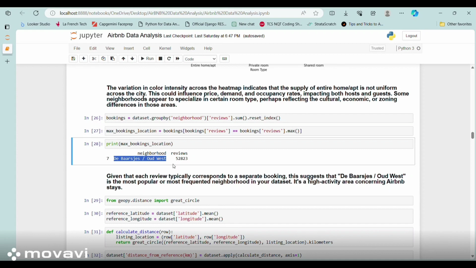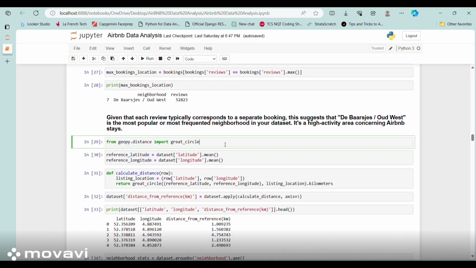This indicates that it's a popular destination among Airbnb guests. For travelers, this information can be a helpful indicator of neighborhoods that have received positive feedback from previous visitors. Hosts in this neighborhood may also find it valuable as it suggests a high level of interest and activity, potentially leading to increased bookings.